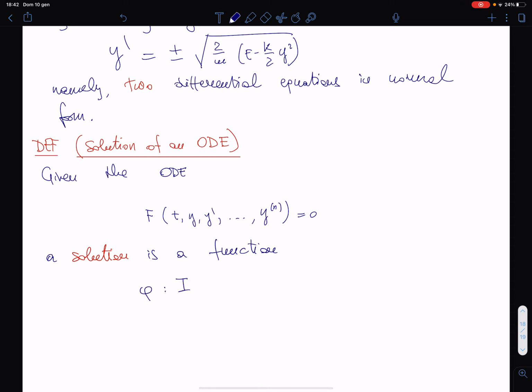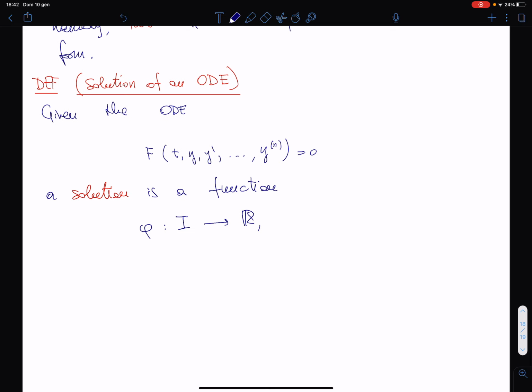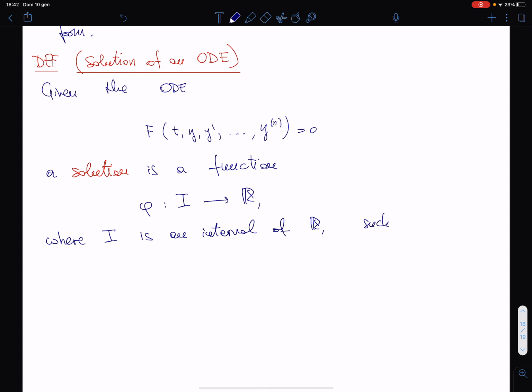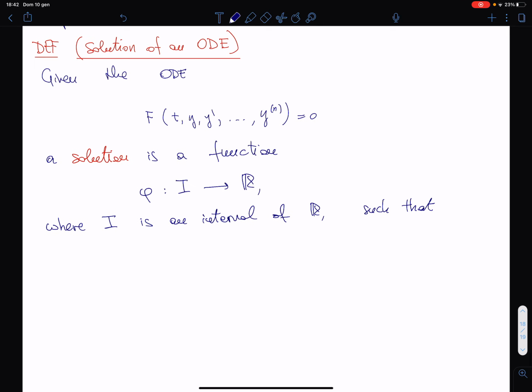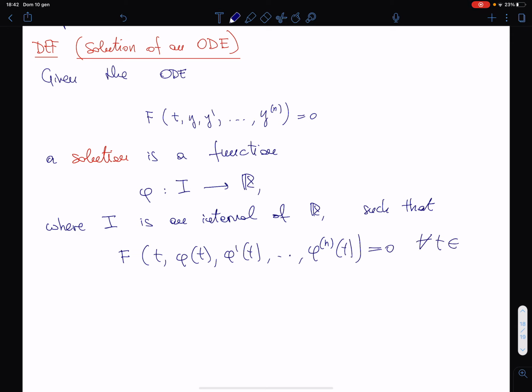Phi from I to R, where I is an interval of R, such that the same expression, capital F, t, phi of t, phi prime of t, up to the nth derivative of phi of t, is equal to 0 for every t in I.